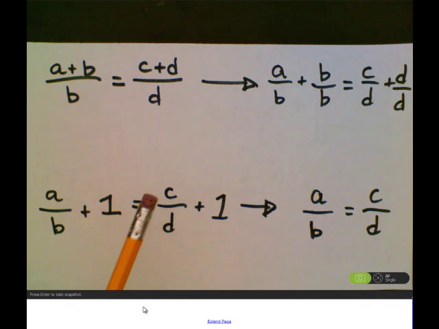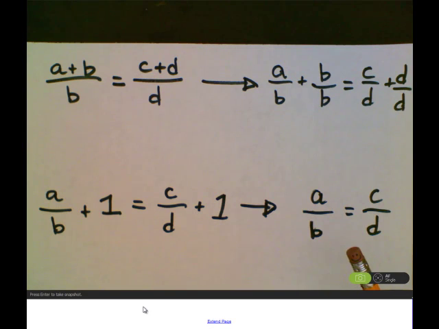So if we rewrite this, we get a over b plus 1 is equal to c over d plus 1. Well, if we have 1 and 1, we can just subtract 1 from both sides, and we're left with a over b equals c over d, which is what we started with, right? That was the original proportion.